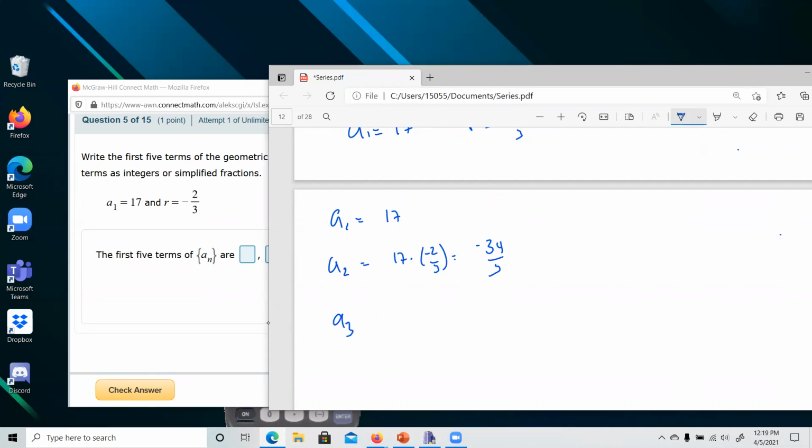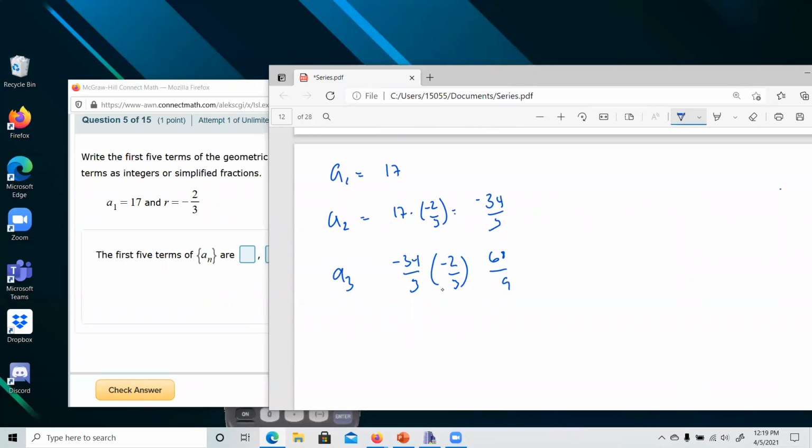A3 is going to be -34/3 times negative 2/3. Okay, so what is that? That's going to be 68 positive, and that's going to be over 9. Okay, we have A4, that's equal to 68 ninths, that was positive, times -2/3.